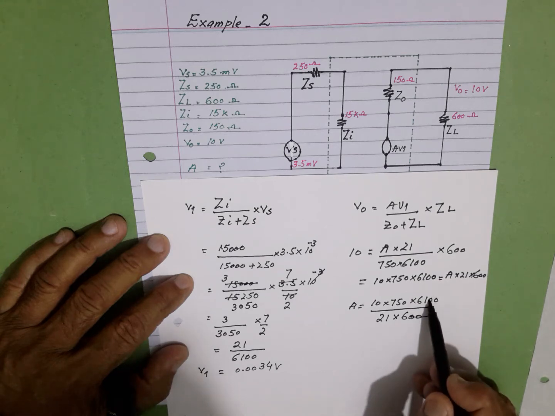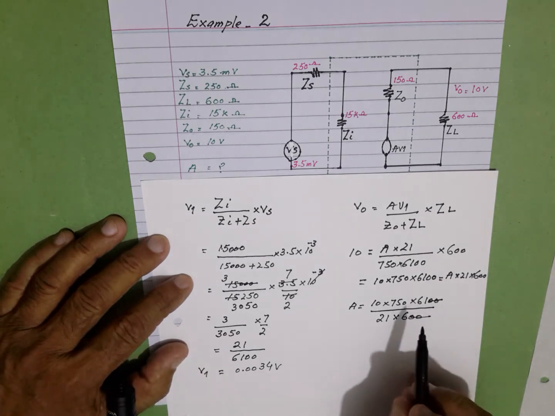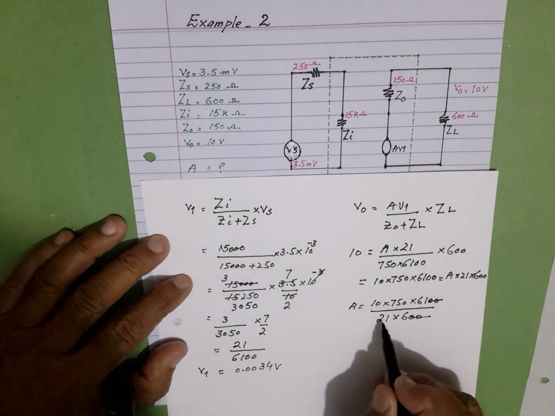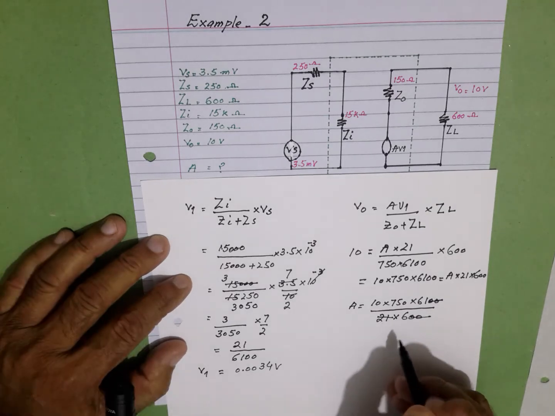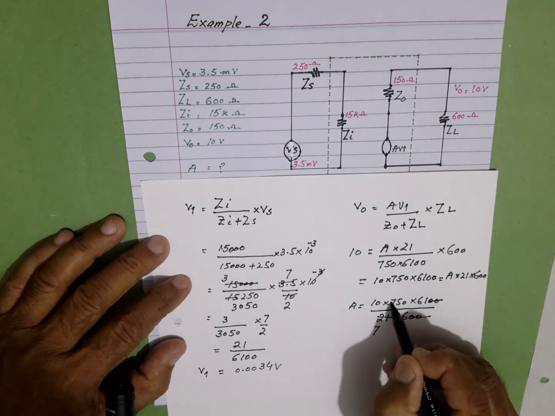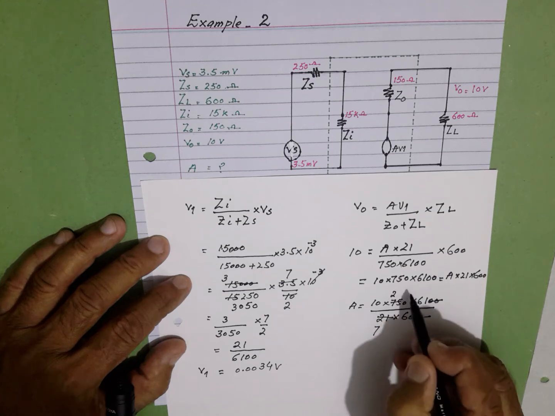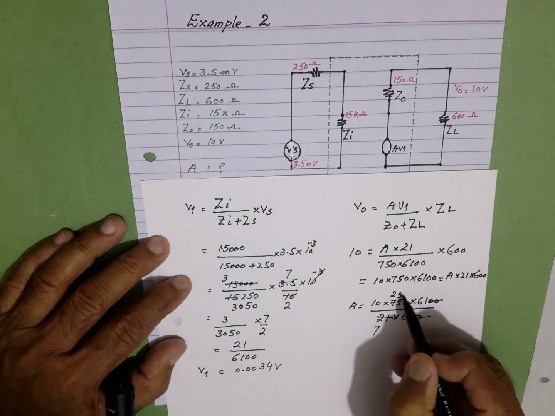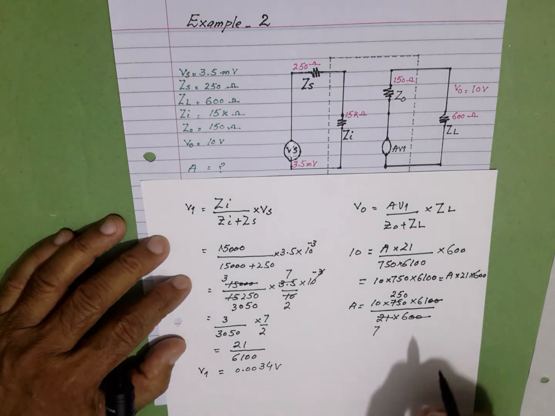These two zeros cancel with these, and we read the table of 3: 3 times 7 is 21, 3 times 2 is 6, 3 times 5 is 15, 3 times 0 is 0.